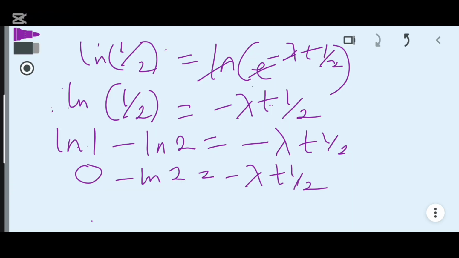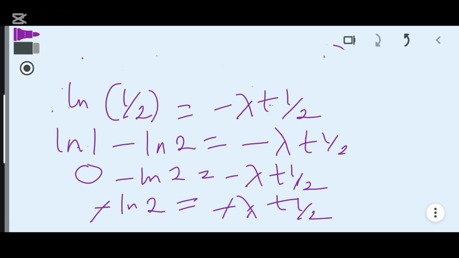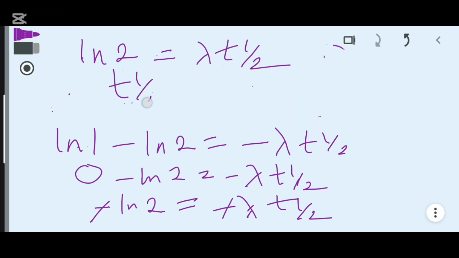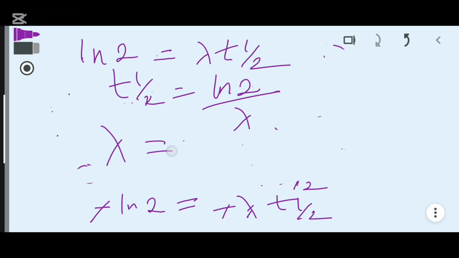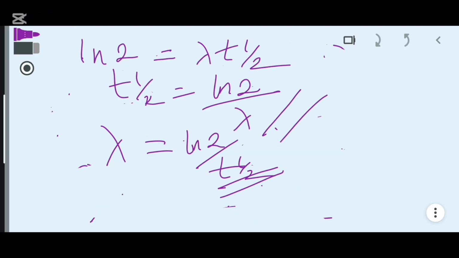This negative equals this negative. We now have ln 2 equals lambda times half-life. Half-life will now be ln 2 over lambda, and lambda will be ln 2 over half-life. If you know how to derive it, you are at a better advantage.